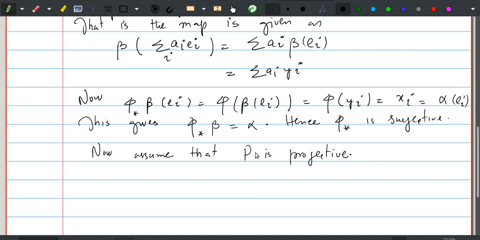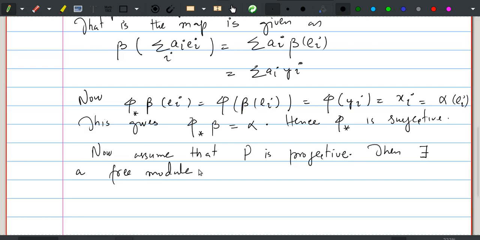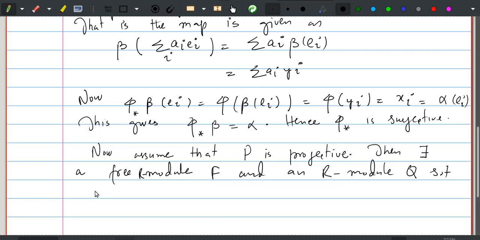So if P is projective, then by definition there exists a free R module F and an R module Q such that F is the direct sum of P and Q. Now let us define this map.